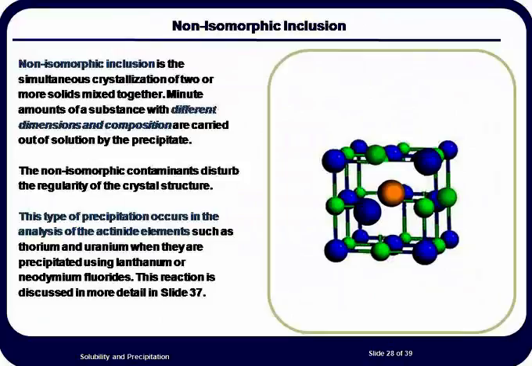The actinides will be in the +4 oxidation state and the lanthanides in the +3 oxidation state, and their crystalline structures are not exactly the same. In the figure on the right, note the orange-colored atom at the center of the crystal lattice shown. Although it is within the lattice, it is not isomorphic with, that is, the same shape as, the surrounding lattice. More on this at slide 37.